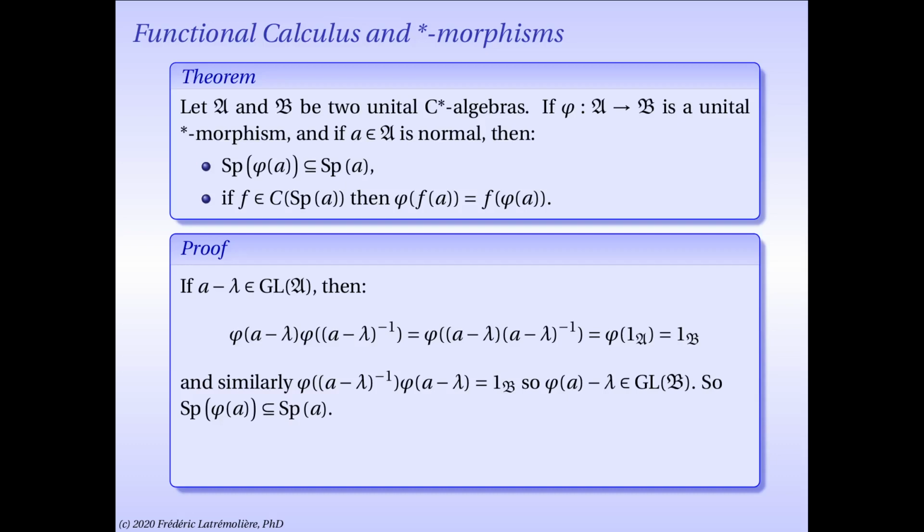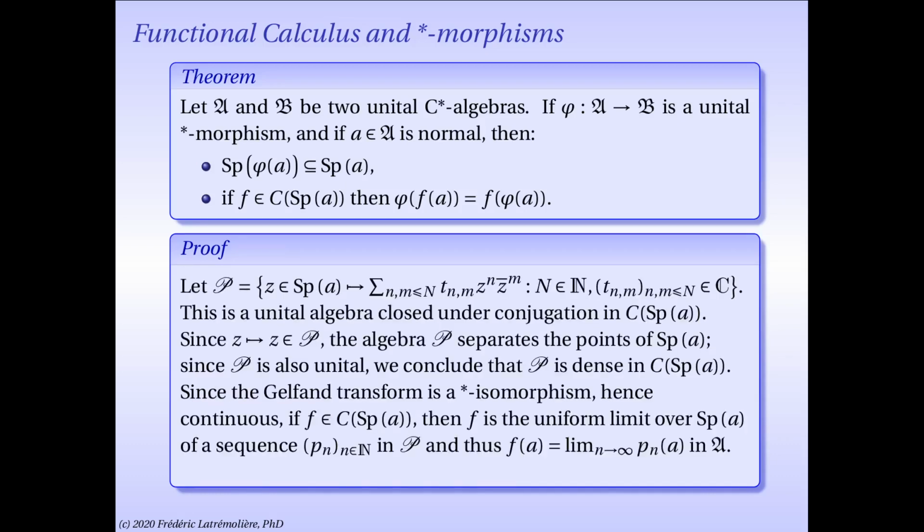So once we take the complement, we conclude that the spectrum of phi of A is indeed a subset of the spectrum of A. So let's now turn to the relation between our unital star morphism phi and the continuous functional calculus for the normal element A. So let's introduce again this collection P of these functions, which informally you could call sort of polynomials in the variable and its conjugate.